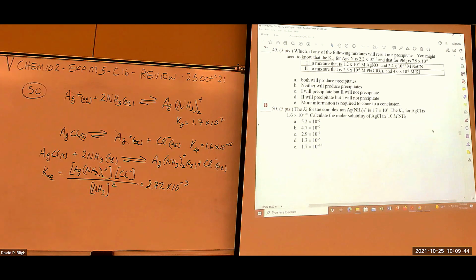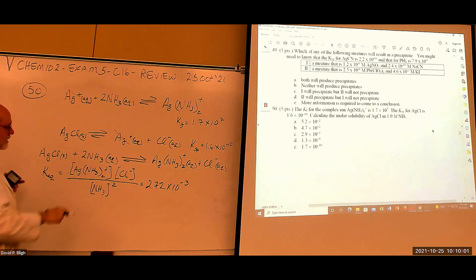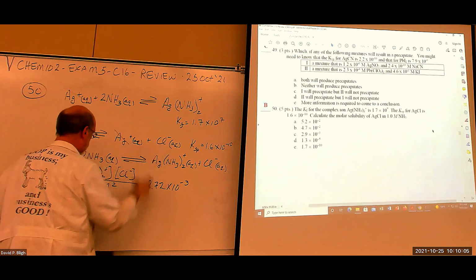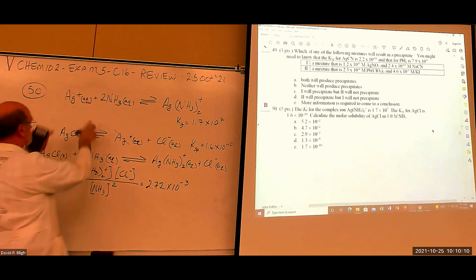Okay. We're after the solubility of silver chloride. Now, there's no silver chloride in that expression, but for every 1 silver chloride, we make 1 chloride, and we make 1 silver ammonia complex, right?